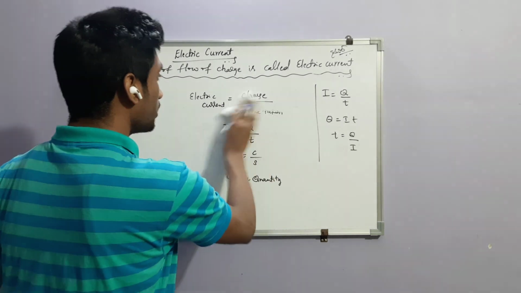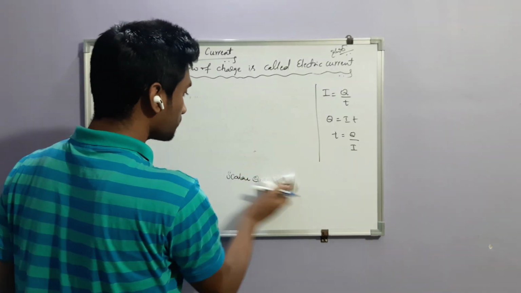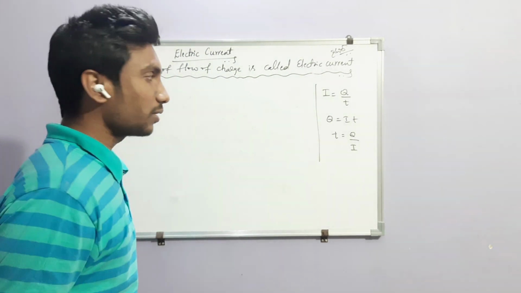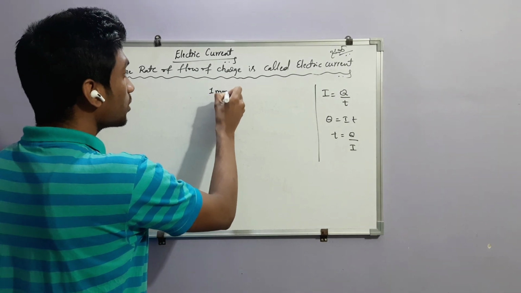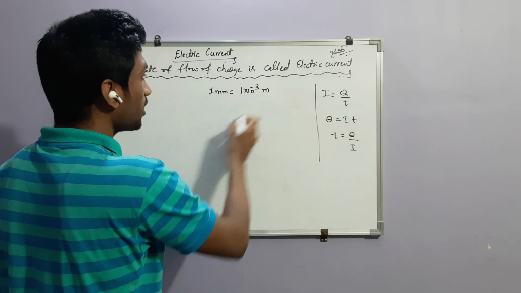Now we are going to solve some problems based on these formulas. Before that, we need to convert some factors. 1 millimeter is 1 into 10 power minus 3 meter.